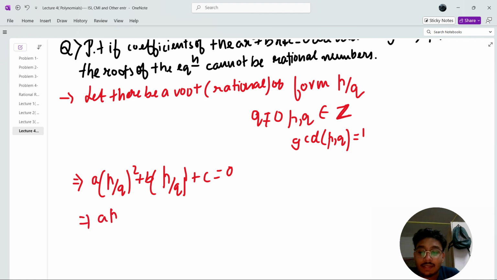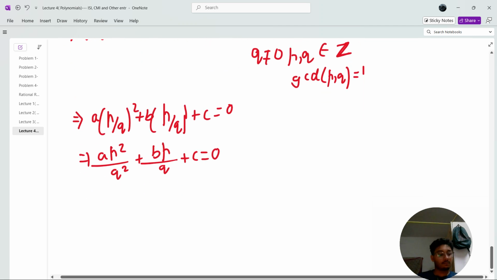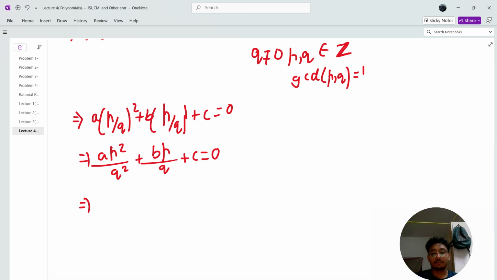That means A into P square by Q square plus B into P by Q plus C gives me 0. I can multiply all my terms with Q square. So that gives me AP square plus BPQ plus CQ square equals 0.